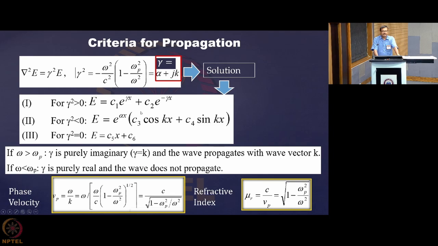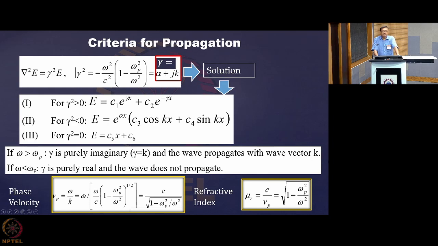So then we see that the wave is getting attenuated exponentially and the wave cannot propagate. On the other hand, when gamma square is less than 0, that is when omega is greater than omega p, this is negative and gamma is complex. In that case gamma is purely imaginary if omega is greater than omega p, so let us say gamma is equal to alpha plus jk, alpha is 0, so gamma equals jk, basically the imaginary part only.